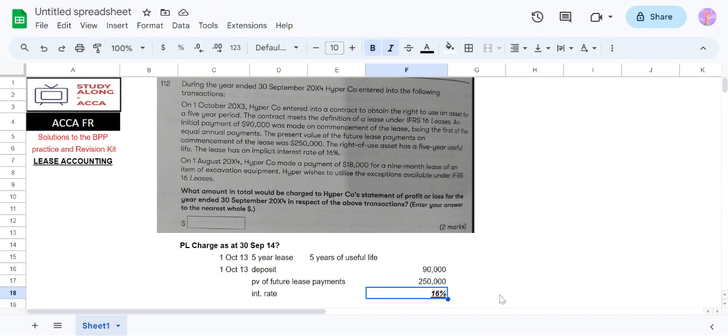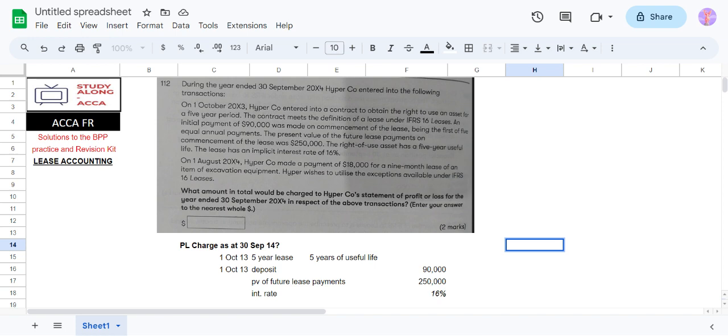On 1st August 14, Hyper Company made a payment of 18,000. So there is another lease. This is one lease, and then there is information about another lease.